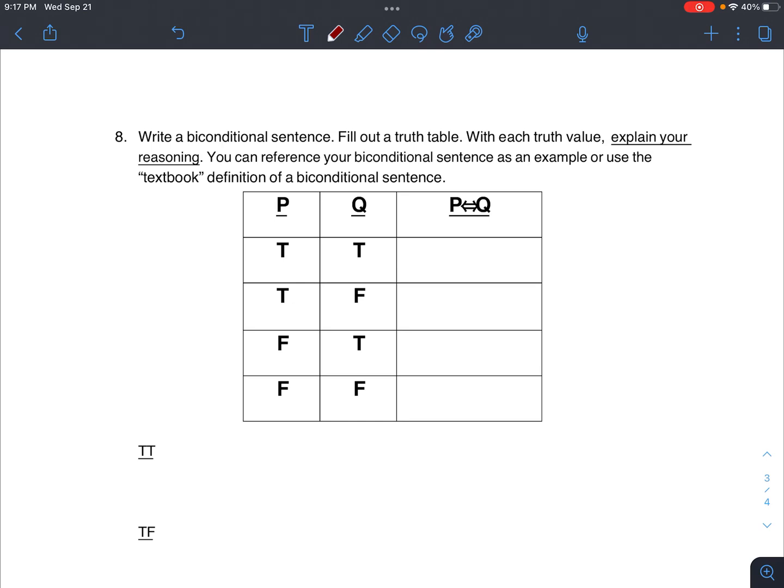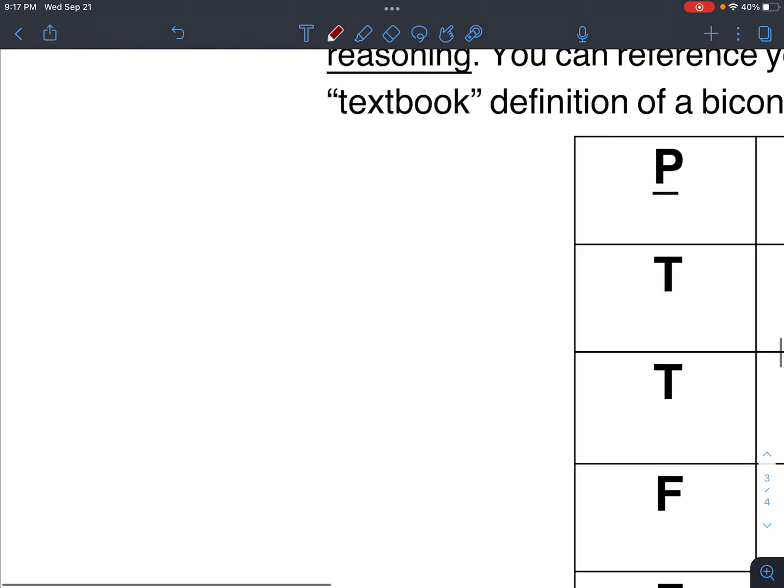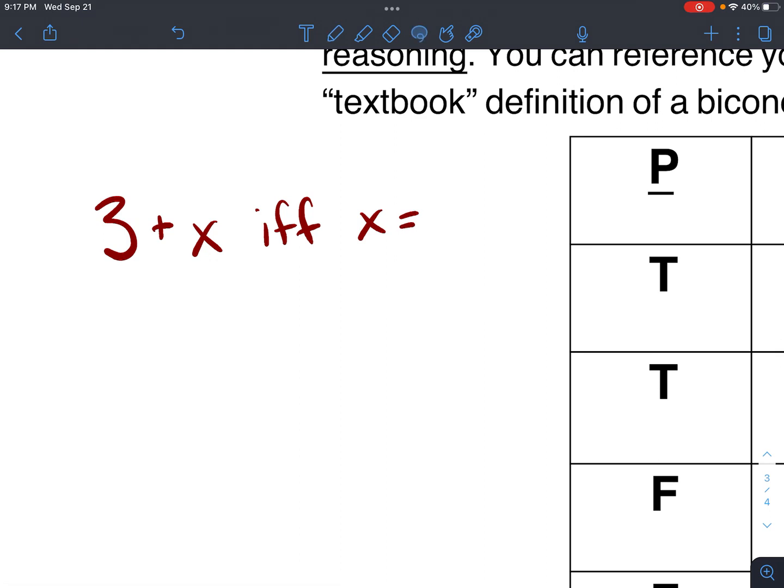So, when doing biconditional sentences, I think it's really easy to do it with math. Bring in just very simple algebra. Let's go 3 plus x, maybe I should set it equal to something, is equal to 5 if and only if x is equal to 2.